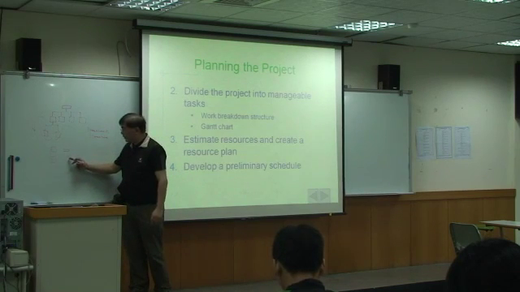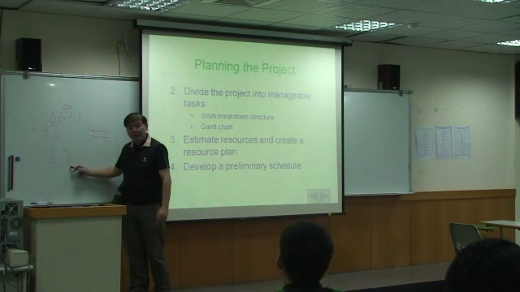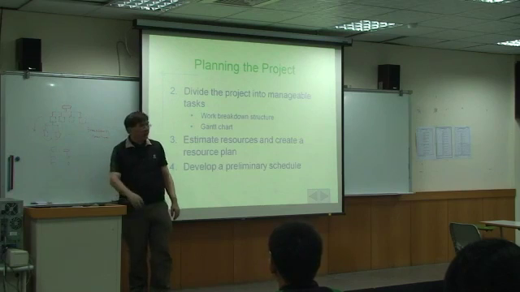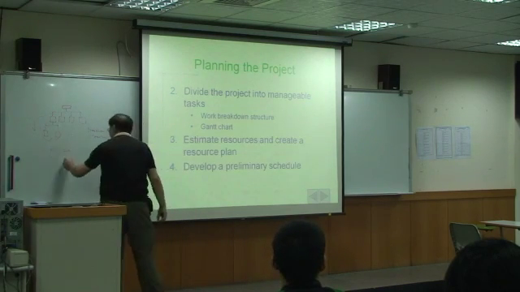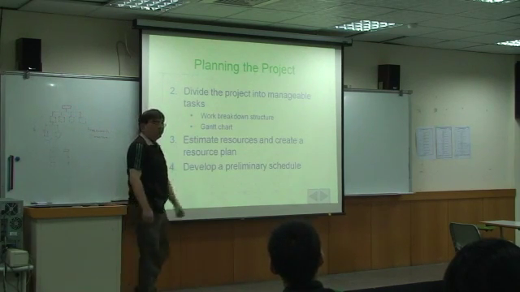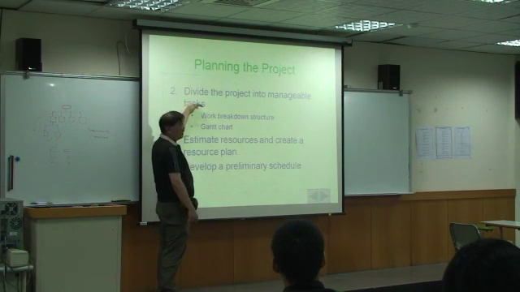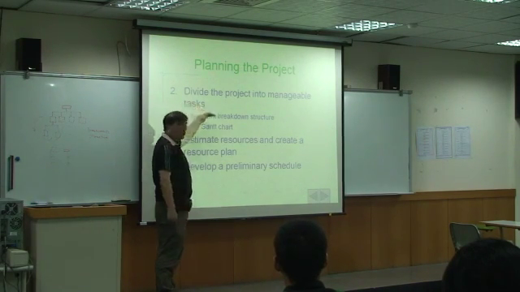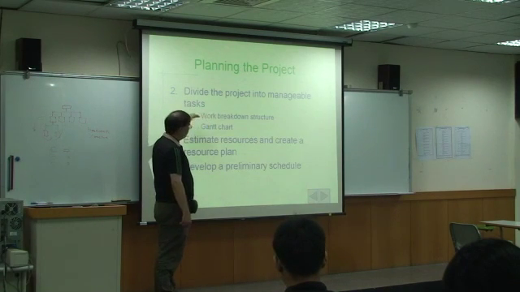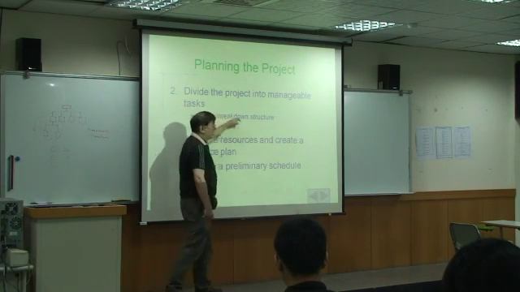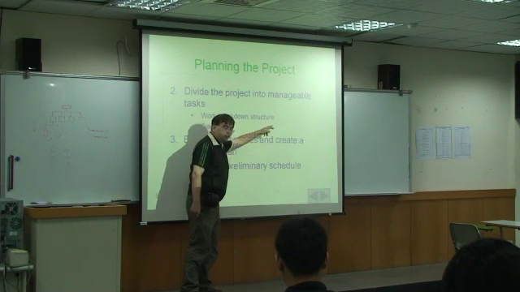So this phase is your item, or we call it a task. This structure, like a tree, we call a breakdown. So this time we want to do the work breakdown structure. We call it WBS for short.